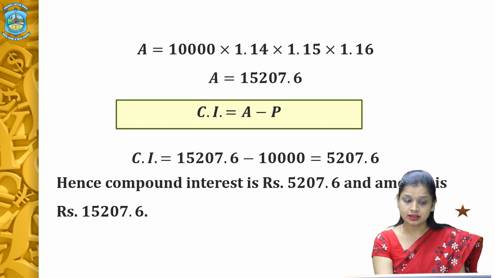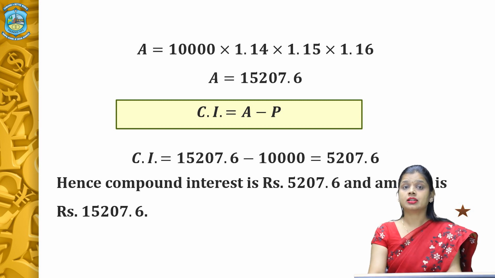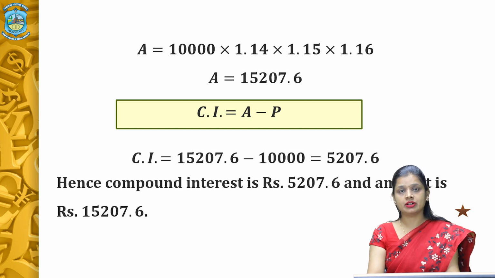On subtracting these two values, we get compound interest as rupees 5,207.60 paise. Hence, in this case the compound interest is rupees 5,207.6 and the amount is rupees 15,207.6. That is your answer.